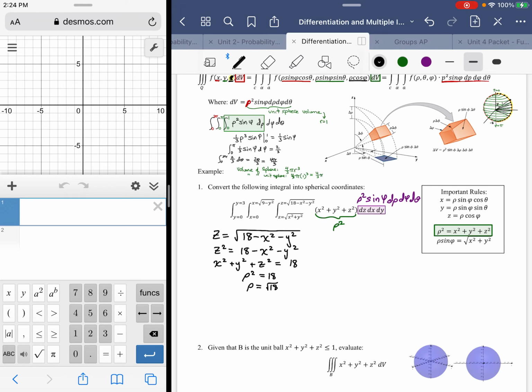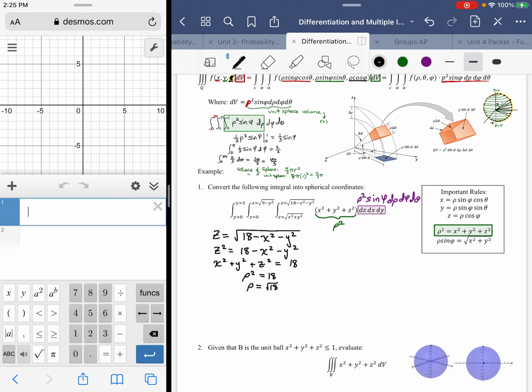So if we're working inside out, rho is the radius, right? So rho is always going to be connected to the origin. So if we're going to propagate outward, unless there's a gap, and that would come through in some form of subtraction, we'd be looking at something along the lines of rho equal to 0 on the low end, unless we have some other reason to think that that's not the case.